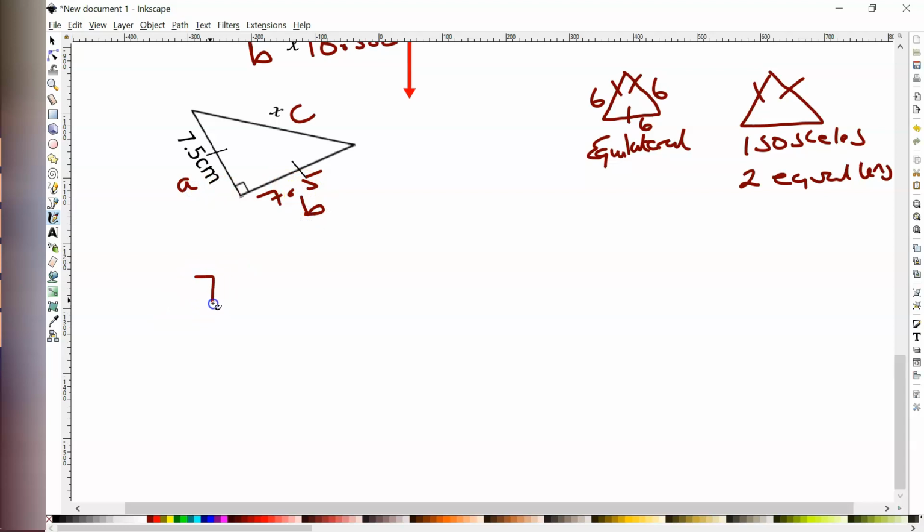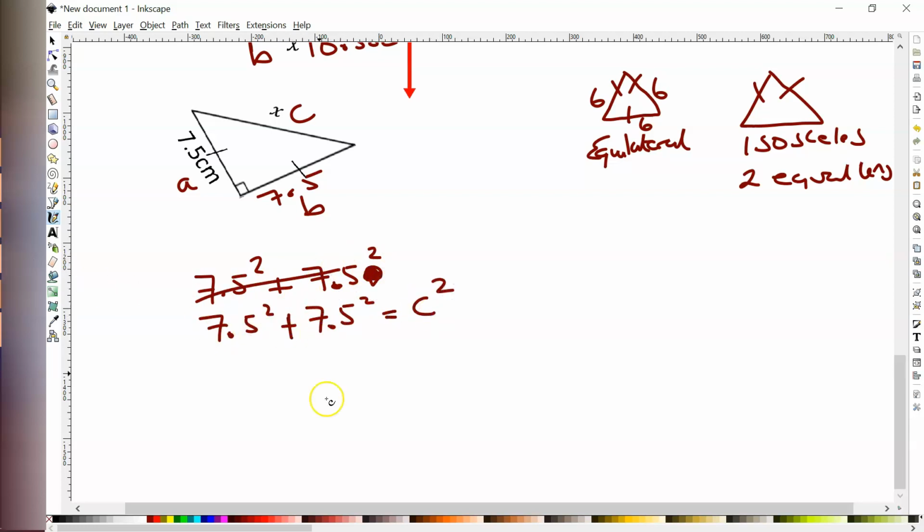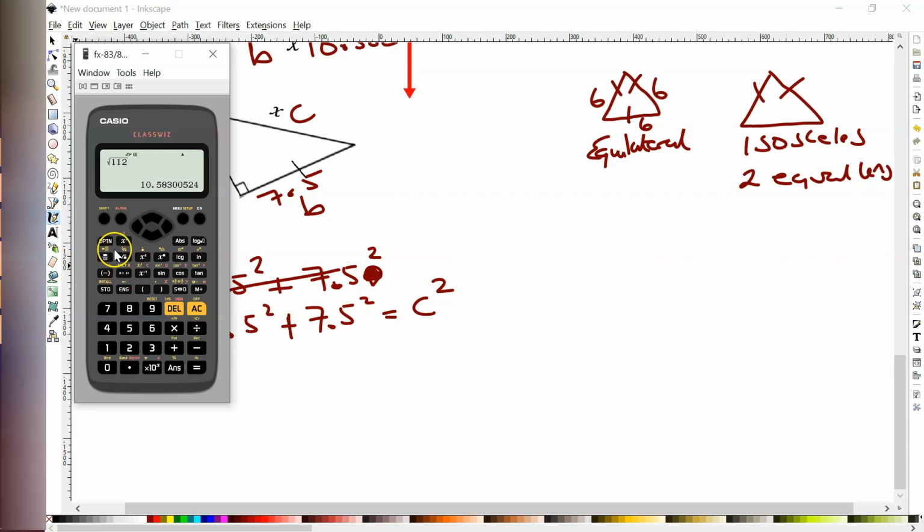So let's put the numbers that we have. A is 7.5 squared plus 7.5. Doing this in the calculator. Now that we've done 5 questions, on your calculator there's a quicker way you can do all of this, and that is you can put everything under the radical sign.